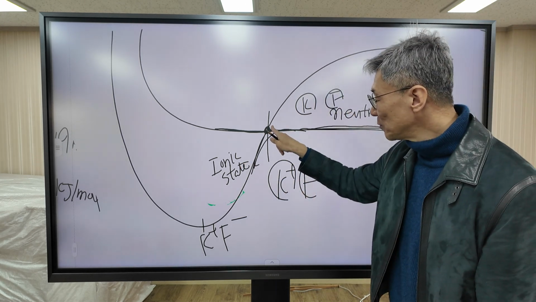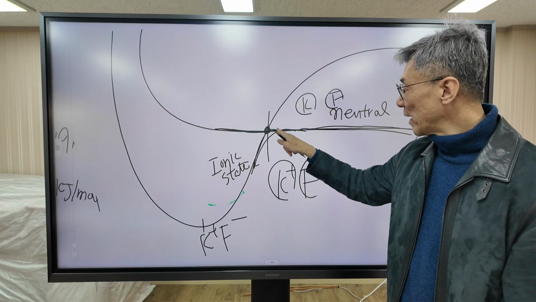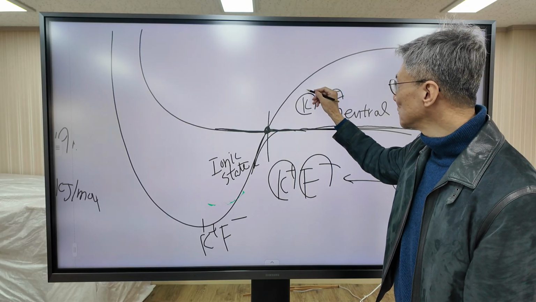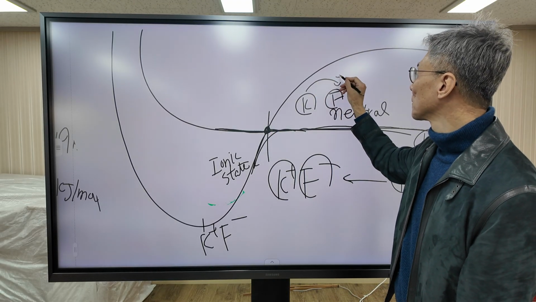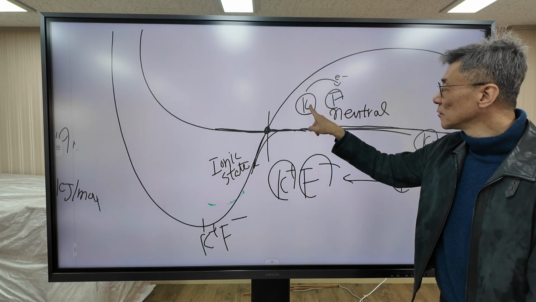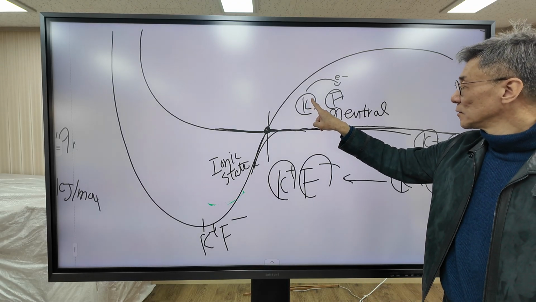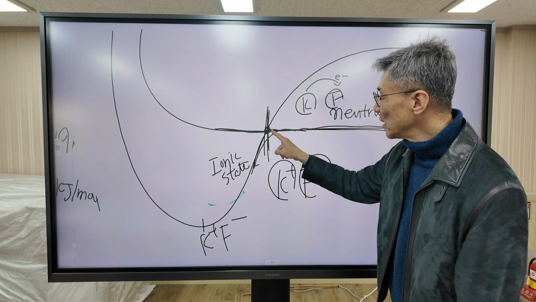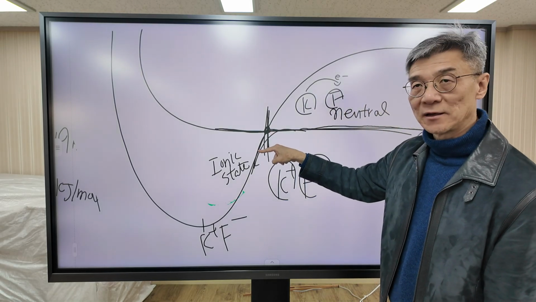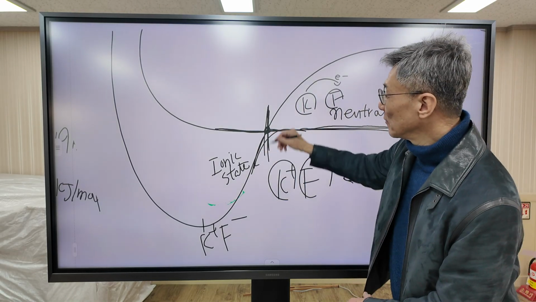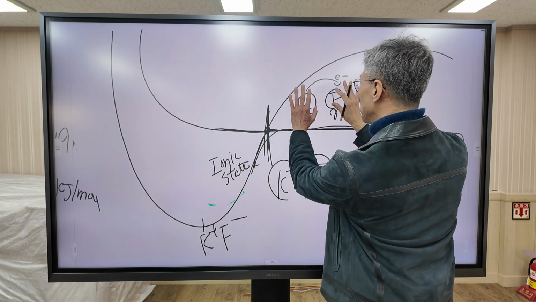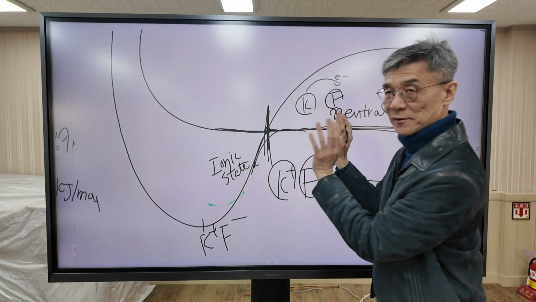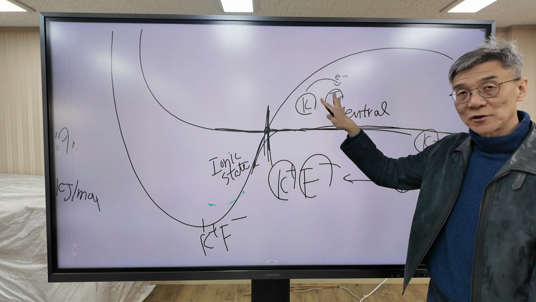Then what happens at this point? At this point, an electron is transferred to fluorine. The electron from the potassium is transferred to the fluorine at this point. So they suddenly become ionic state, right? Prior to this point, they experience no force because they are neutral state.